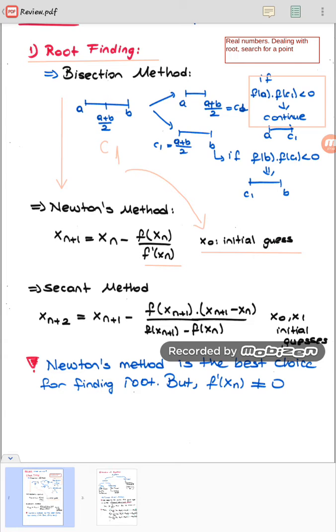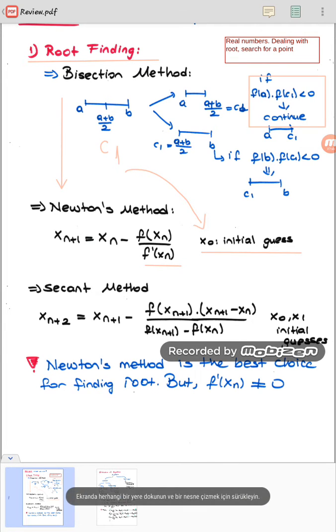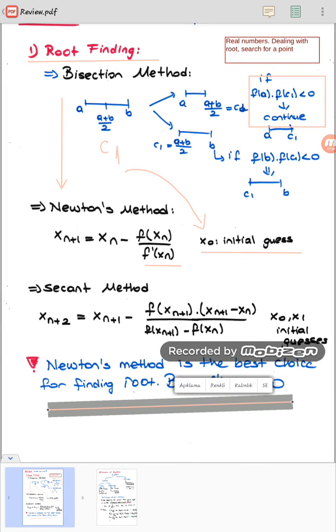Then we can use the secant method instead of Newton's method. But among these methods, we need to emphasize that Newton's method is the best choice for root finding. So let's continue.